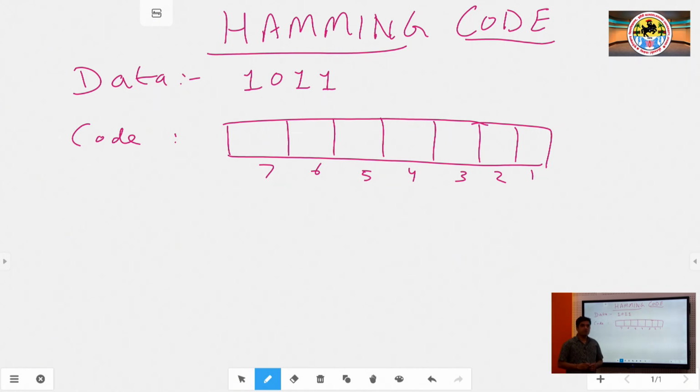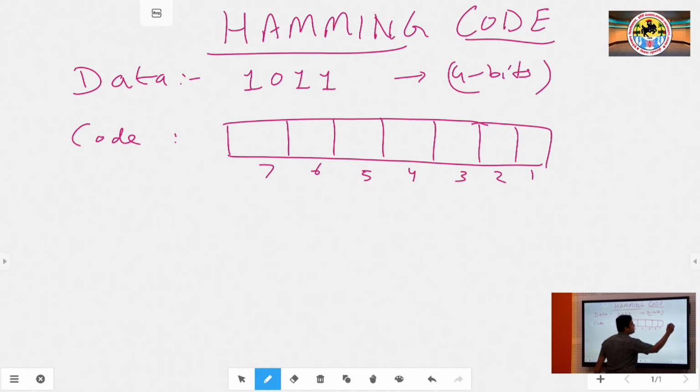When we make a Hamming code from the given data, we must know that if you are given data of 4 bits, then your code will be of 7 bits.